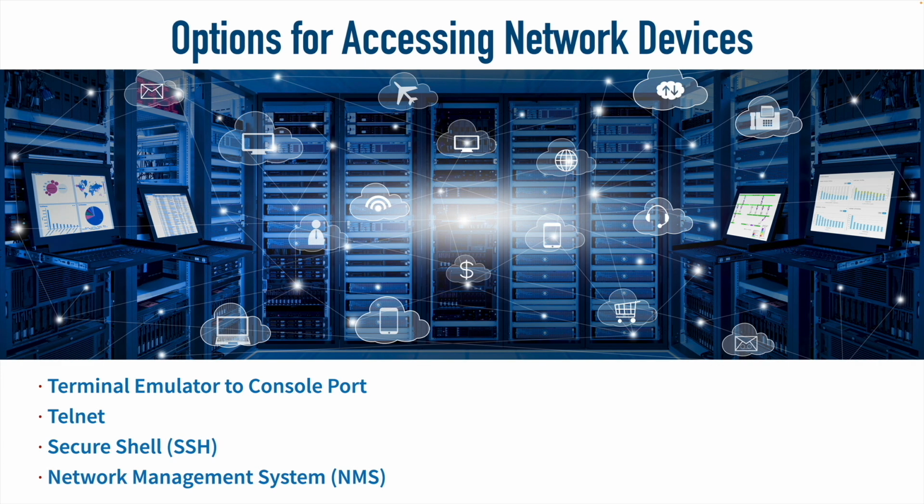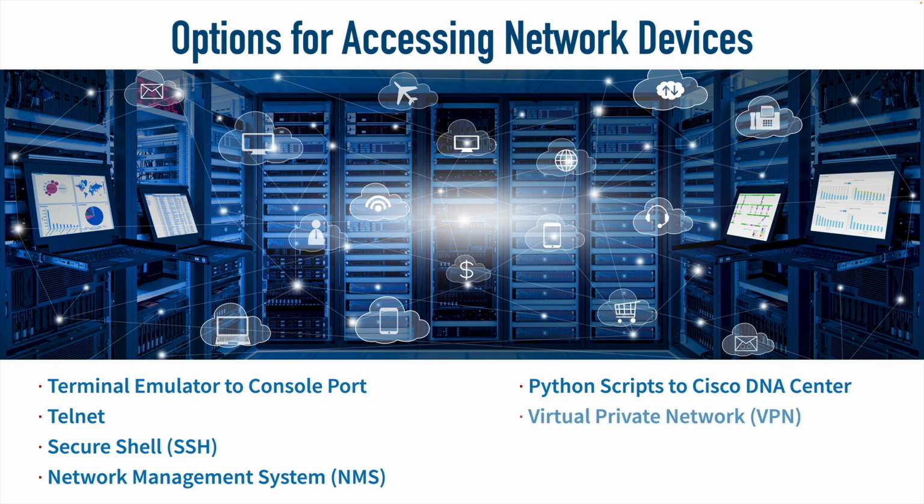We could monitor and manage multiple devices with an NMS, a network management system, such as an SNMP manager. However, Cisco's recommendation today would be to use something like a Python script talking to Cisco DNA Center. And if we want to securely interconnect geographically dispersed offices, we can do that through an untrusted internet connection using a VPN, where we can build an encrypted tunnel through the internet. And we said that we weren't limited to the command line interface when we're managing a device.